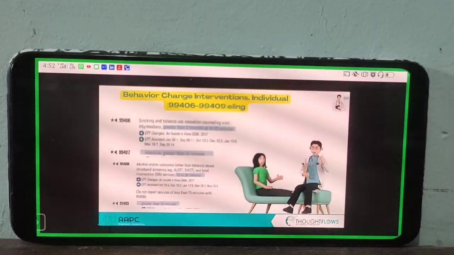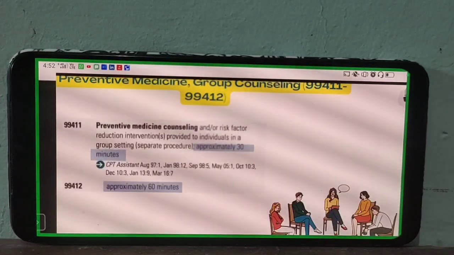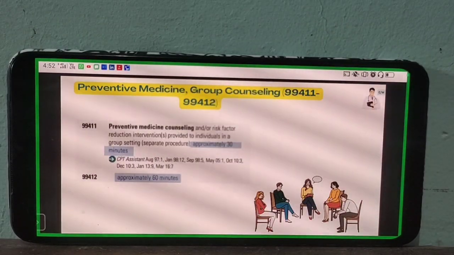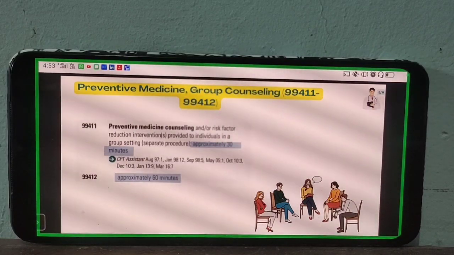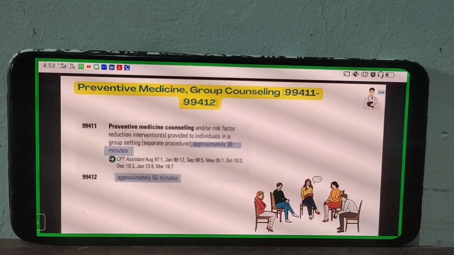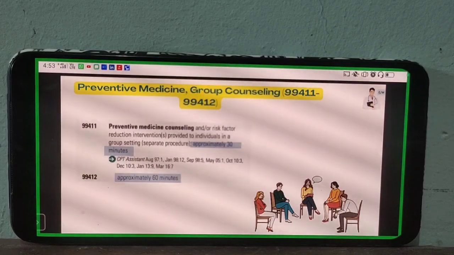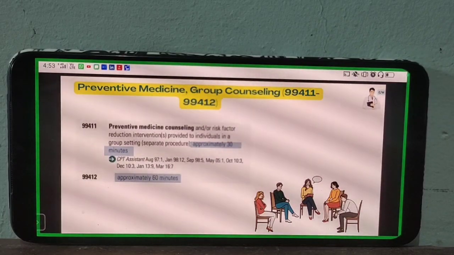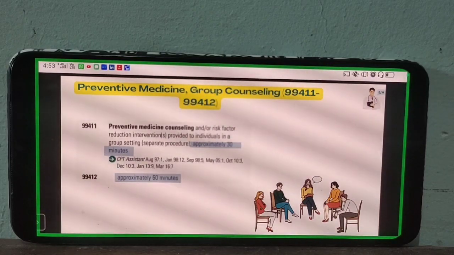Now this is the code for group counseling, preventive medicine group counseling. So you have to check the reason for that counseling, and next check whether the counseling is given by the provider individually or in a group. So these 2 code sections are for group counseling regarding preventive medicine.